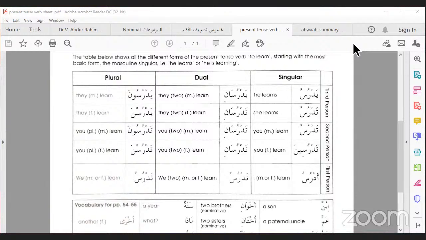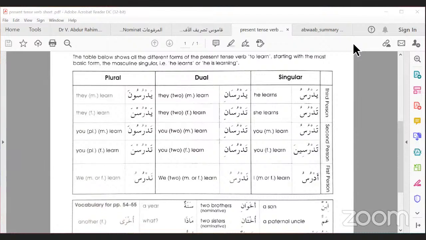Moving on to females, they all learn for females. Yadrusna. Okay, so that's the only one in the female that begins with ya. And then moving on to they both learn females. تدرسان. Great. She learns. تدرس. Good. Moving on to you. You male learn. تدرس. Great. You both male learn. تدرسان.